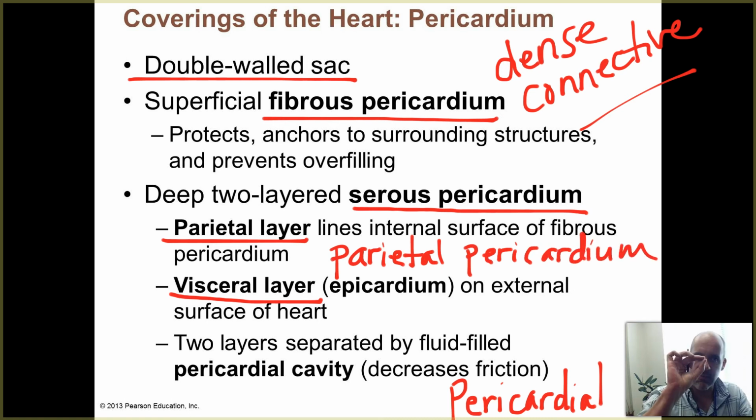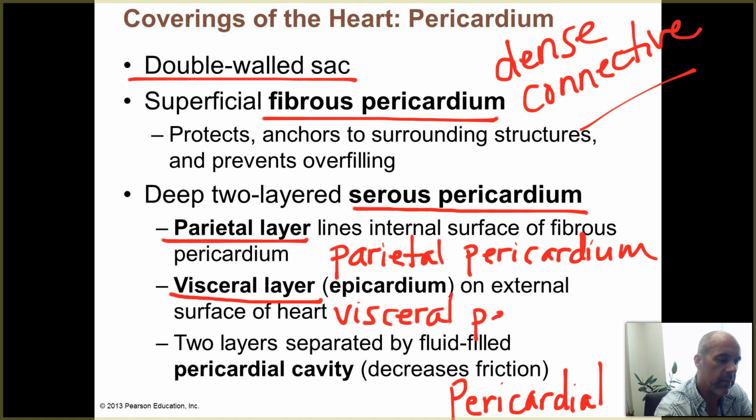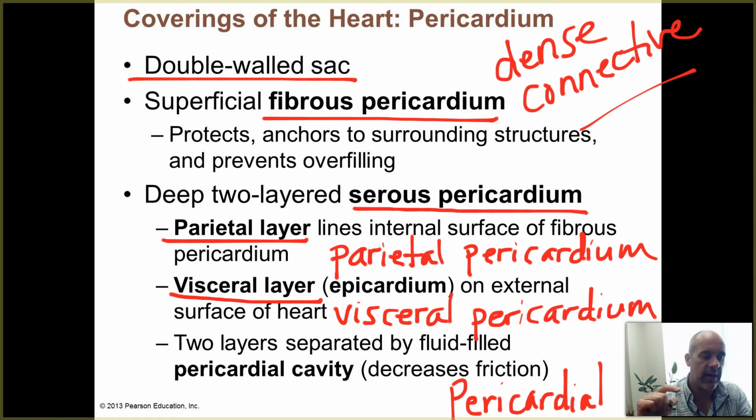That is the relatively thin serous membrane that's up against the fibrous pericardium. And then in between the two, you have a little bit of space that has fluid in it. And then you have the visceral pericardium, which is a thin membrane that is directly in contact with the heart.